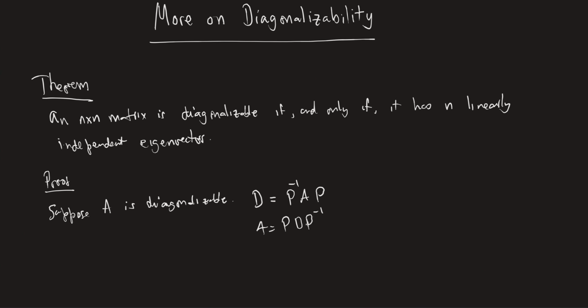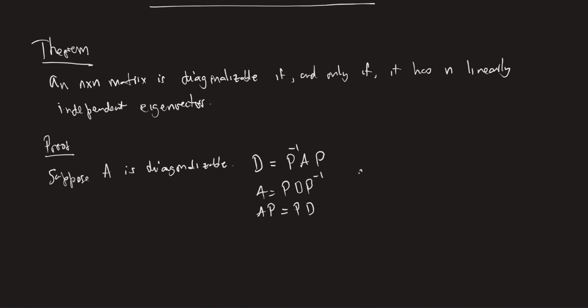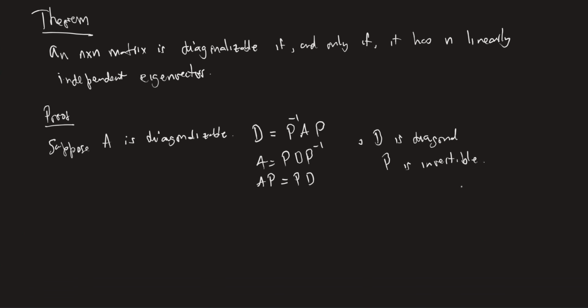And if I wanted to, I could actually say that A times P is equal to P times D. Remember, all of these are equivalent, with the understanding that D is diagonal and P is invertible. Clearly, we're making reference to the inverse of P, so it better be invertible.